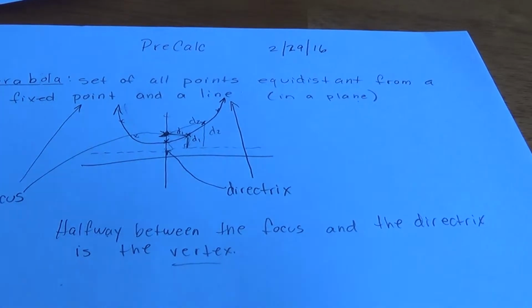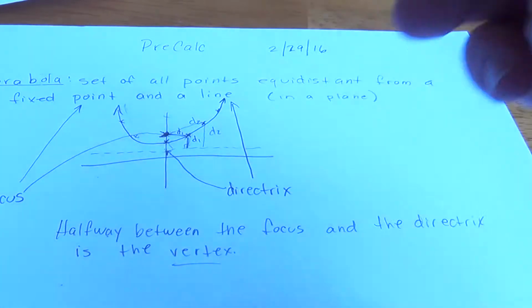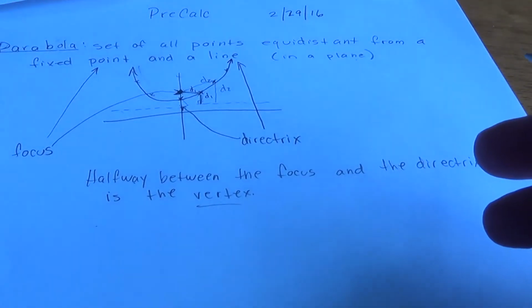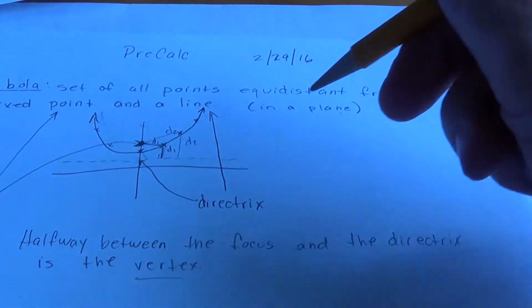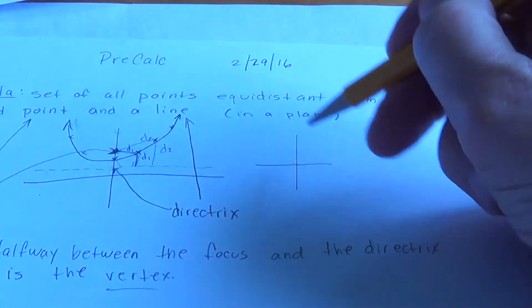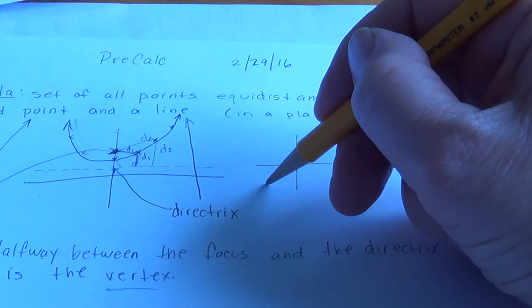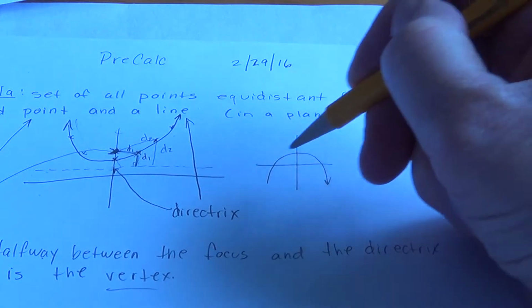Now, I've kind of alluded that this is what a parabola always looks like, but it does not. It can also open upwards, and it can open downwards.